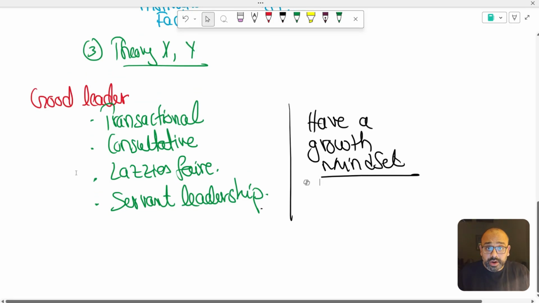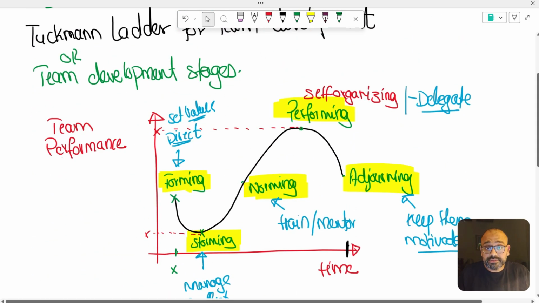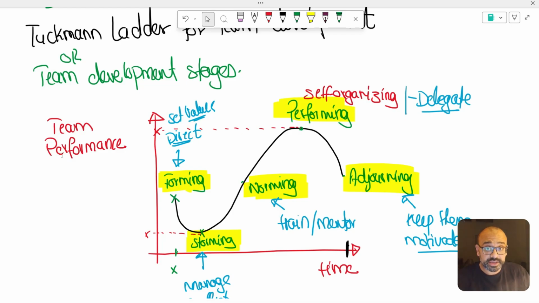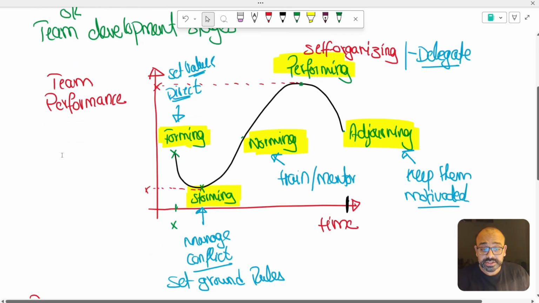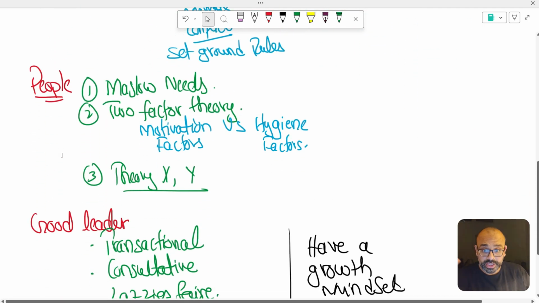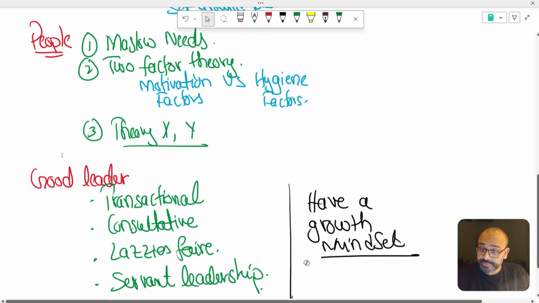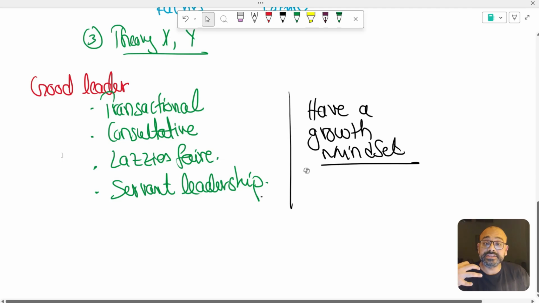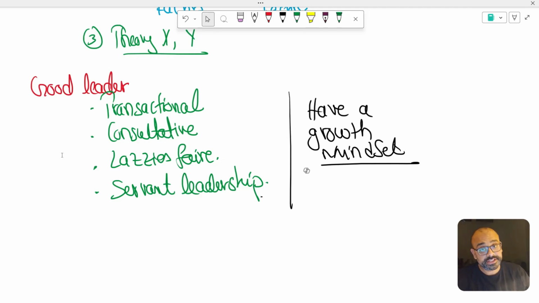Okay, now if you summarize what we have gone through: how team development will take place, what the stages are that a team will pass through. We now know how people will behave and how we, as a good leader, can lead them by having servant leadership and being aware of other leadership types as well.